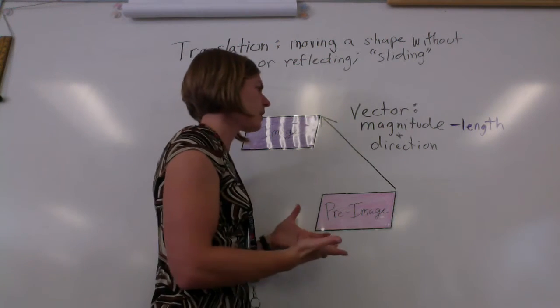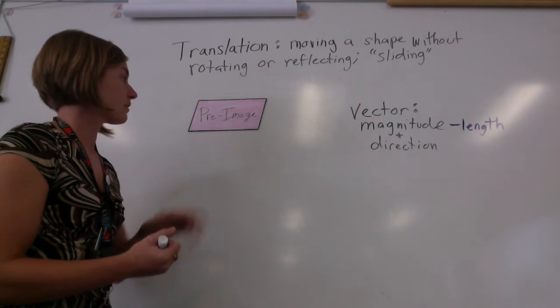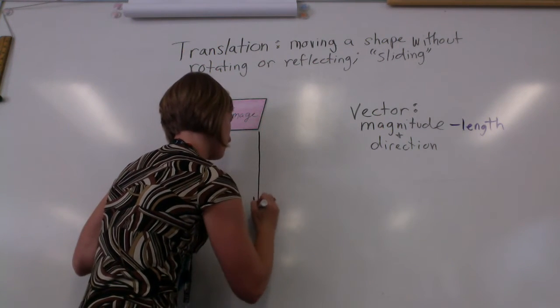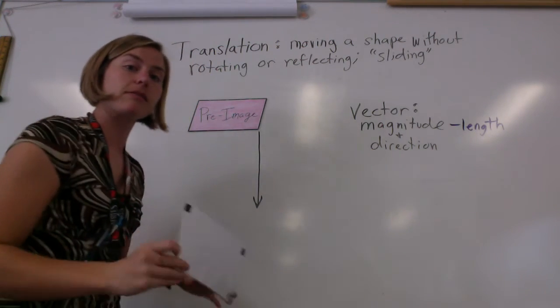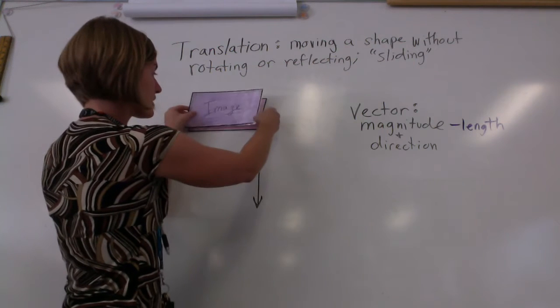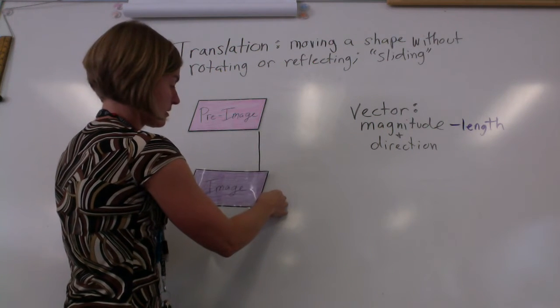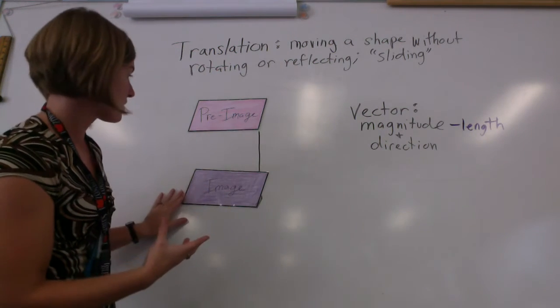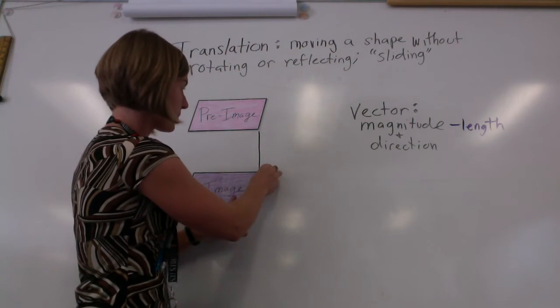Okay. Let's try another one. What if I wanted to translate this shape along that vector? Same thing, that bottom corner needs to travel that length in that direction. So even though it may not look okay to you that my shape is on top of it, if you think about it, that's exactly where that should be.